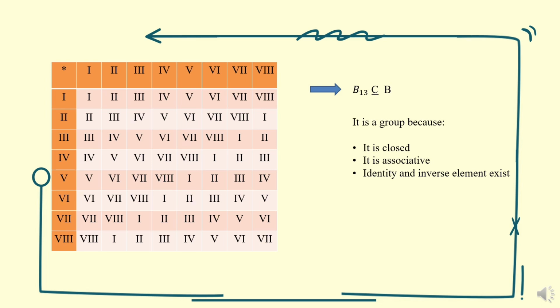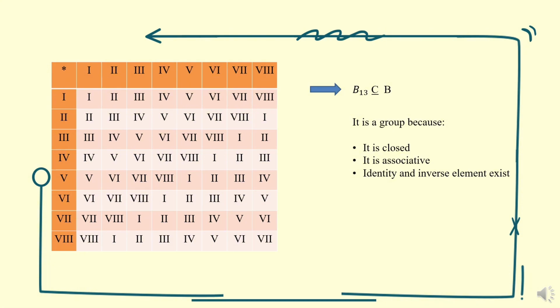Next one, identity and inverse elements exist. Yes, the identity element and inverse elements exist in this table, but the inverse of each element is not itself. Why? Because the identity element is not placed diagonally, as it was in the previous table.